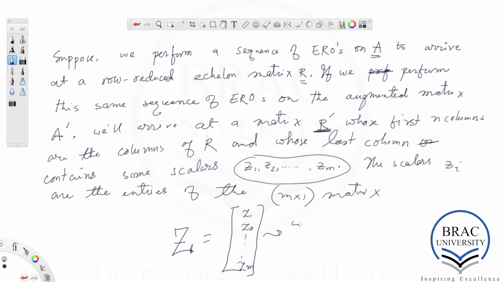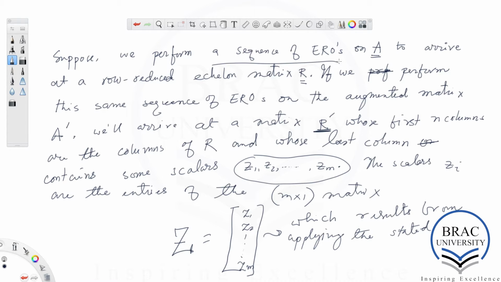So this m times 1 matrix results from applying the stated sequence of EROs to the n times 1 matrix Y. Remember?